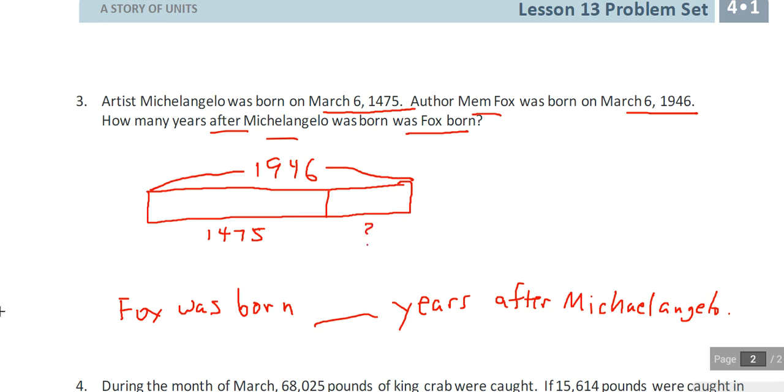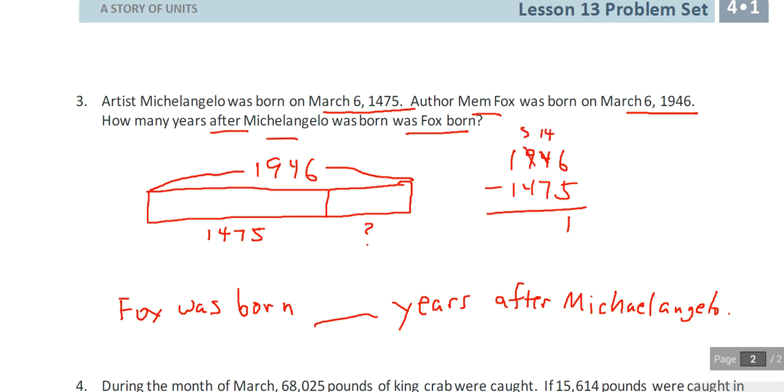So in order to find that out, we just have to do subtraction. So we're going to go ahead and set that up as 1946. From that, we're going to subtract 1475 and see what we come up with. Well, let's see. We can't do that, so that's going to be 14.